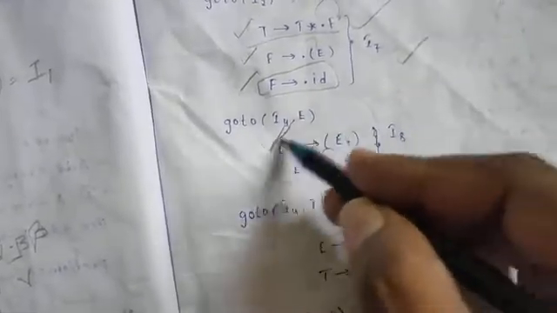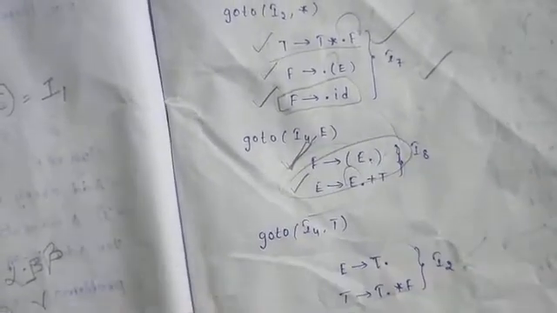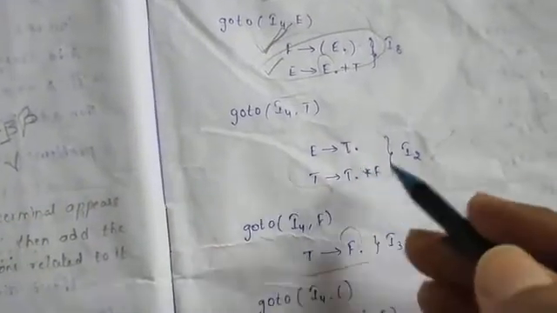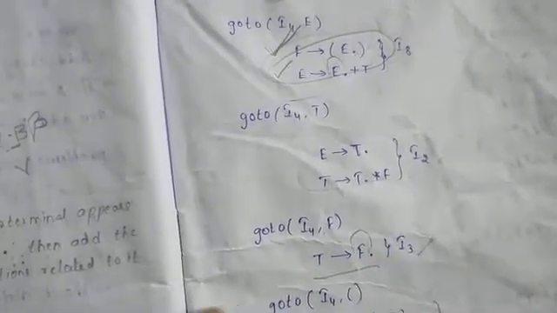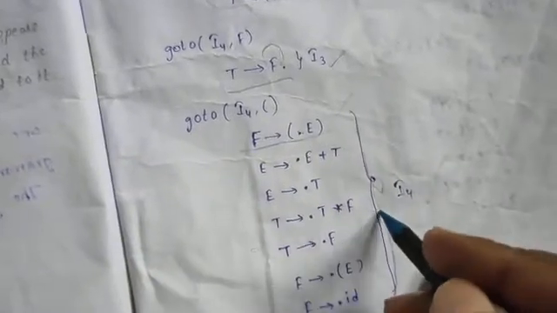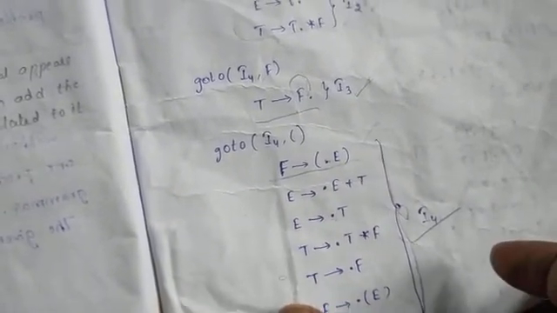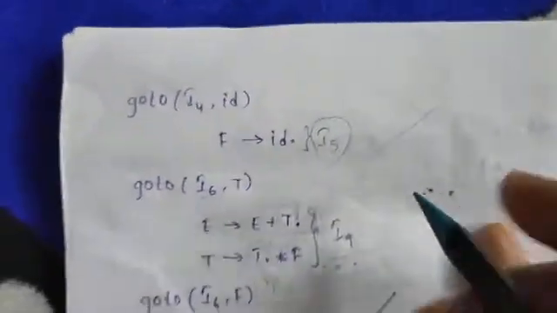Okay, then in I8 two productions will be completed, so I8 will be totally finished. Then we'll go over I2. I2 is already completed, so I3 is also completed. Then I4 is also completed. Why? Because these are already existing states. Then I5 is already completed. Then it will go for I9.